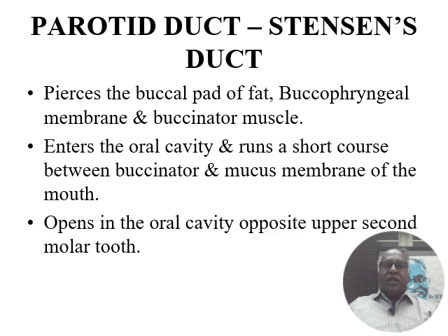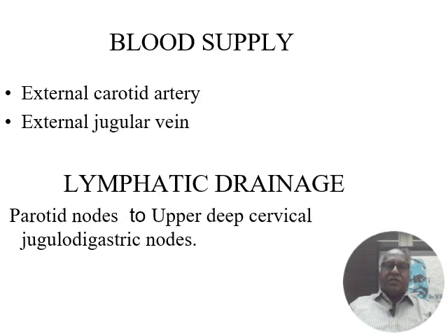It enters the oral cavity, runs a short course there between the buccinator and the mucous membrane of the mouth. It opens into the vestibule of the mouth opposite the upper second molar tooth. This also is a sub question for the parotid duct in spotters.